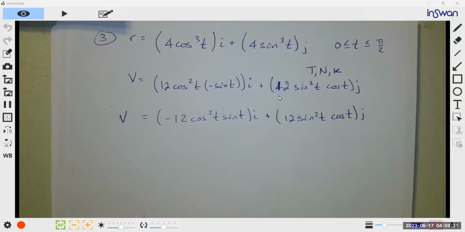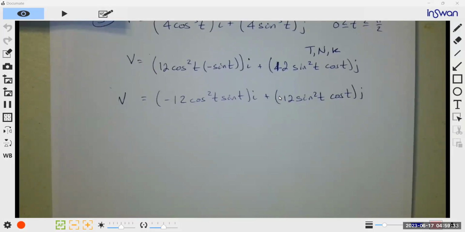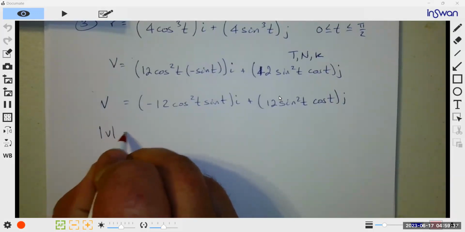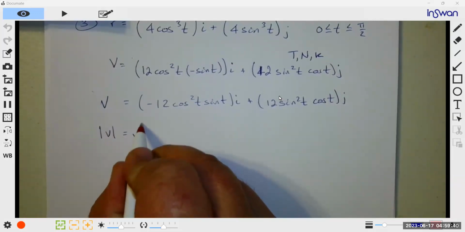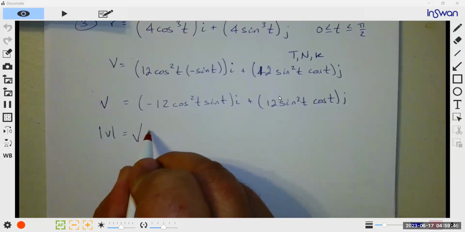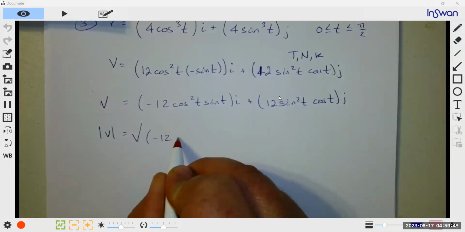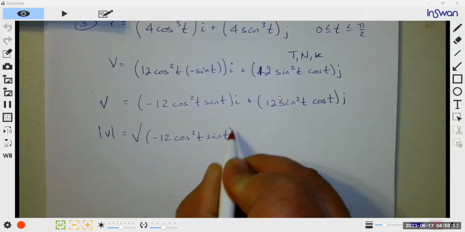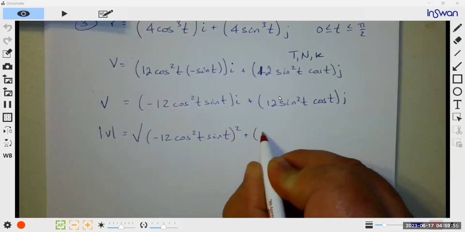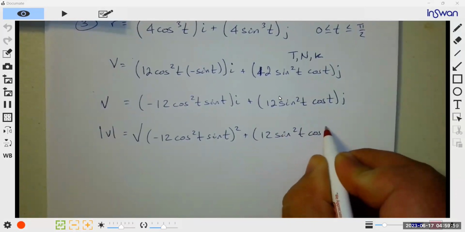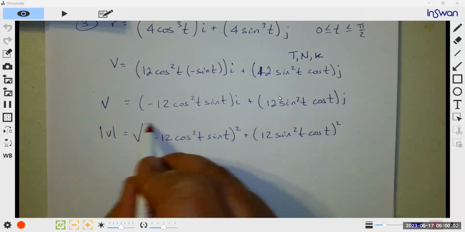All right, now the magnitude. So it's negative 12 cosine squared t sine t, squared, plus 12 sine squared t cosine t, squared.